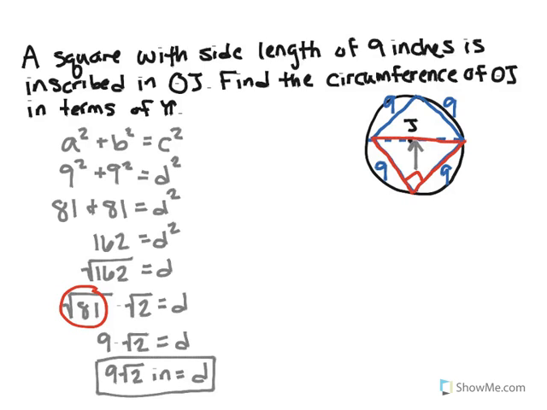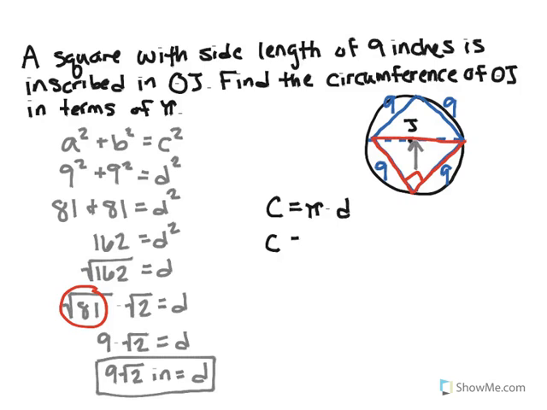Now, are we done with the problem? Absolutely not. We have not found the circumference yet, but this part's going to be simple. So we are going to use the circumference formula that contains the diameter, since that's what we know.